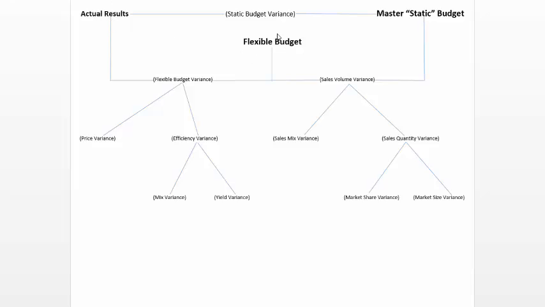Here's our flexible budget. The difference between the two was the flexible budget variance. What we were given is this, the price variance, and it was a number that we could use to back in to finding out what our flexible budget number is. And then what we're calculating now is the efficiency variance part of that.